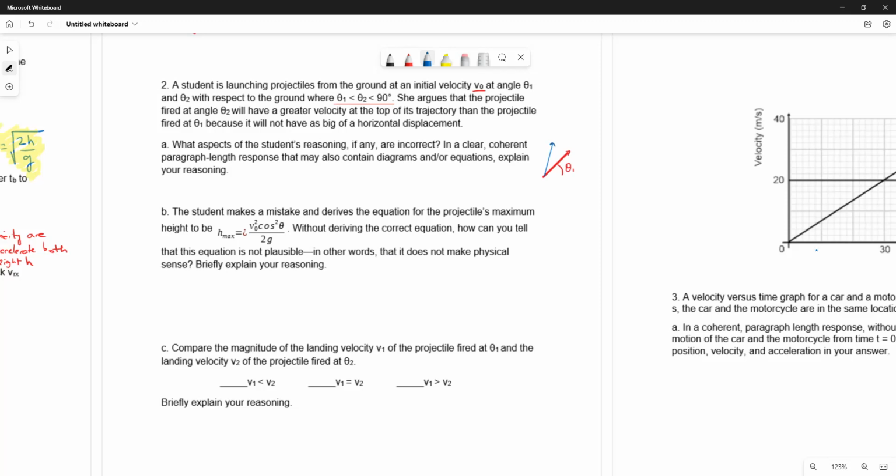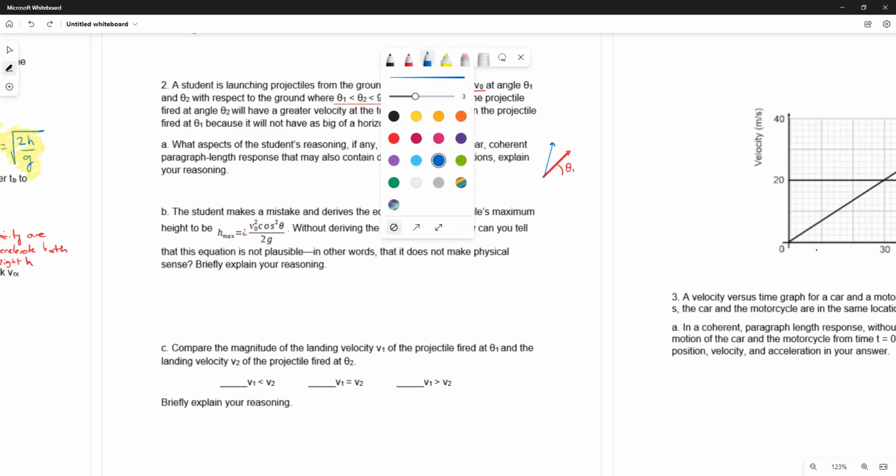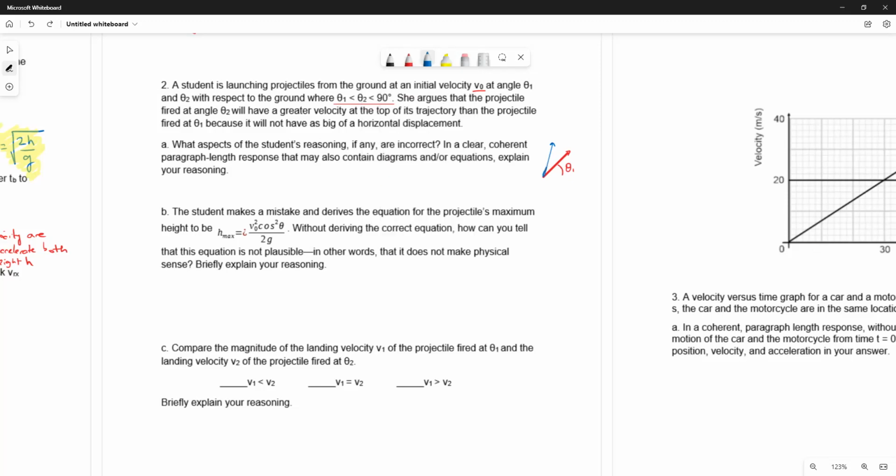They both have the same velocity, but they have different angles, right? So this is fired at v0. This is also fired at v0, but you can see the angles are different.